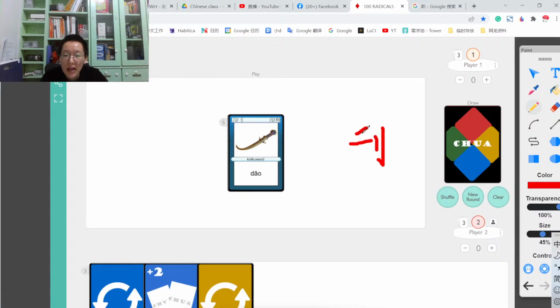For example, like this one. This character means sharpen. So on the left part, I need to write another radical, so you need to give some space for the other part. So 刀 is pushed to the right part. Okay, 刀.